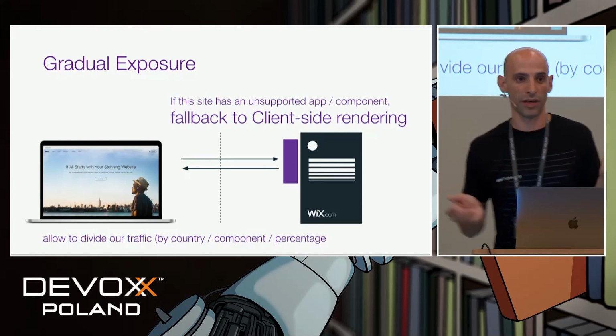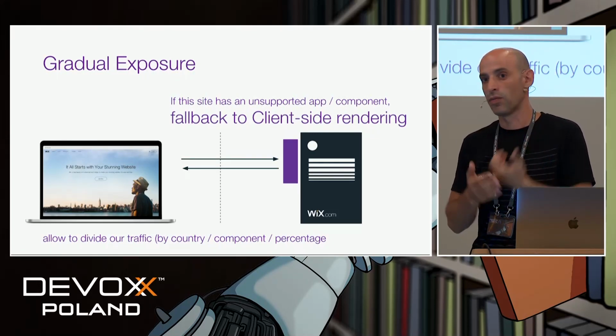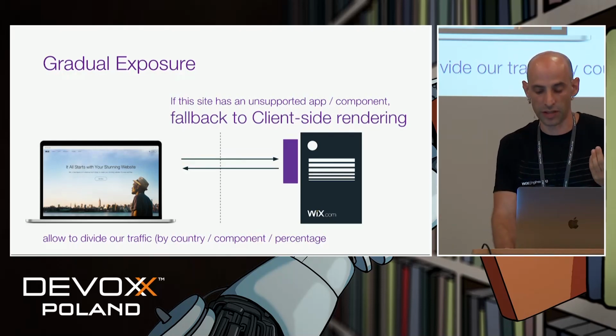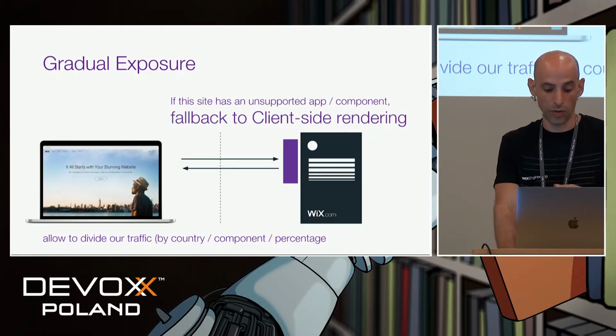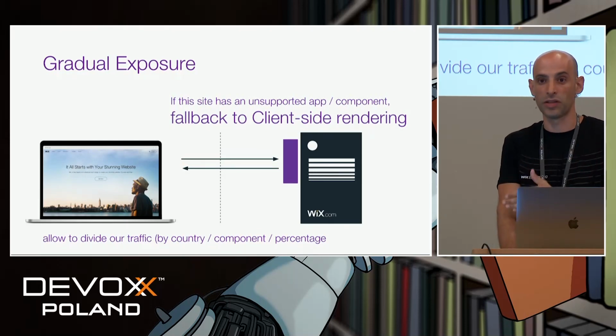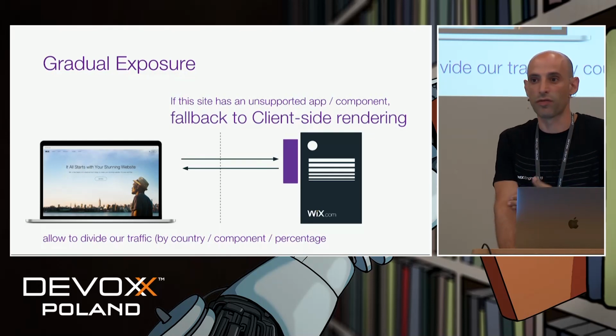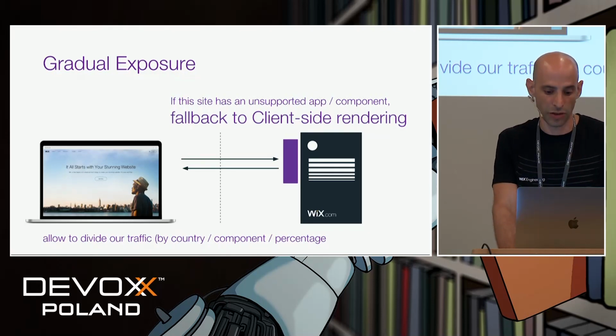So if the site has a specific component that doesn't support server-side rendering, we automatically serve it the client-side version. This allowed us to distinguish and gradually deploy stuff, and this was very important for us to be able to deliver this to production.